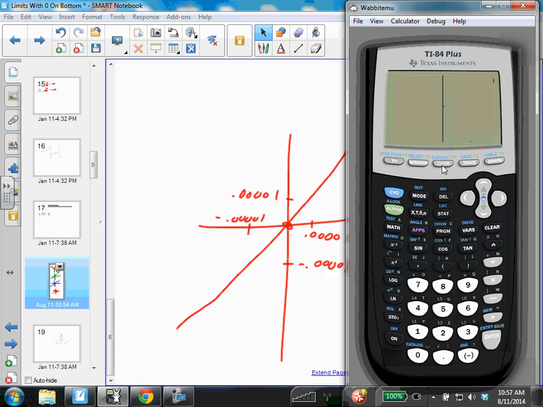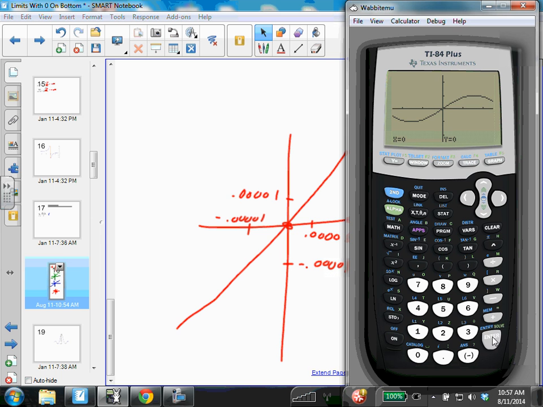I'm going to hit zoom 6 to get my window back to where it was before, because it's zoomed in from where we were earlier. So if you just hit zoom and then 6, it should take you back to the normal spot. You can see the sine graph. Now I'm going to zoom in, so I'm going to use zoom 2 again and then press enter. And I'm trying to zoom in on that spot right there.